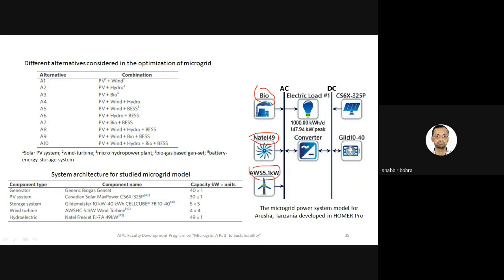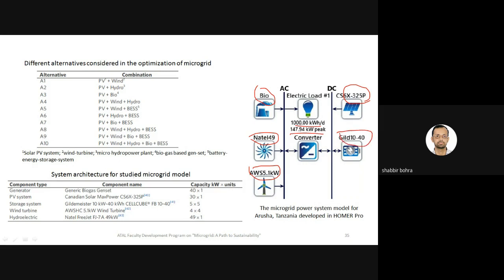You have the load profile, which is around 1,000 units per day of demand, and approximately 150 kilowatts of peak. So you have a number of photovoltaic panels, you have a battery system. The specifications are given below.